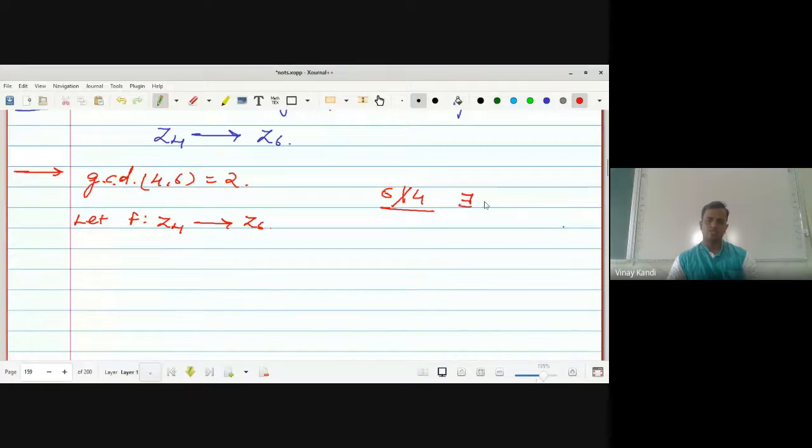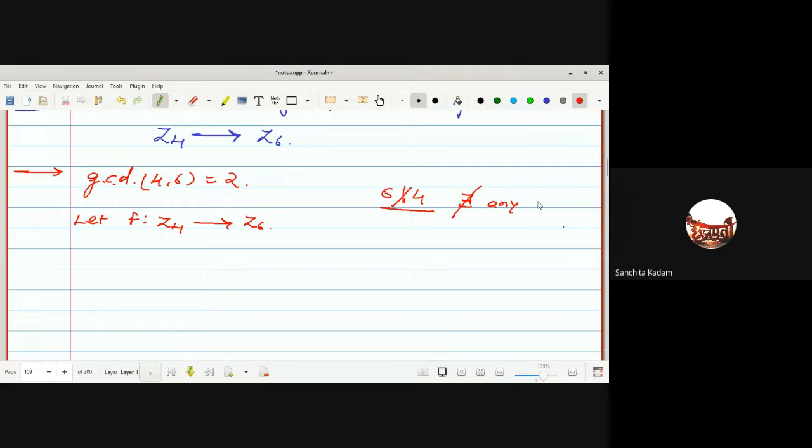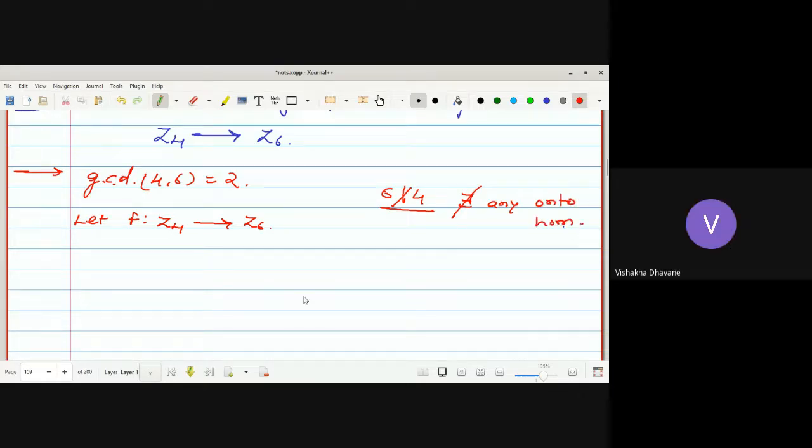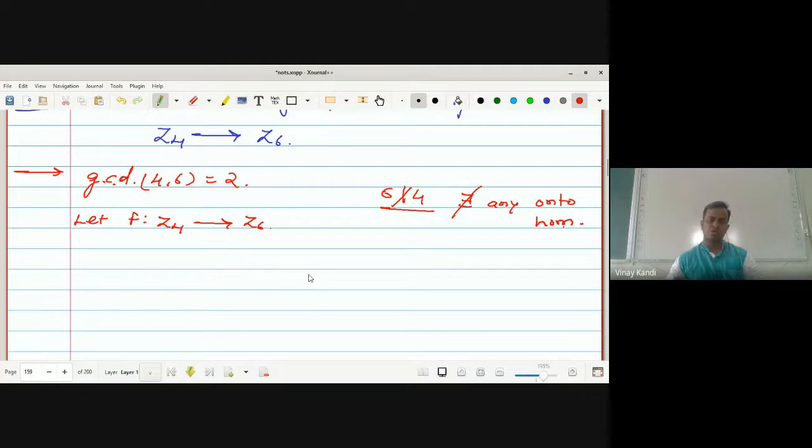Hence there does not exist any onto homomorphism. Very good. Homomorphism येतील but ते onto नसणार. Okay, why? Because here n does not divide m, that is 6 does not divide 4. Okay, so there are two group homomorphisms.